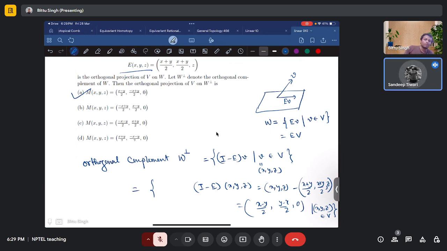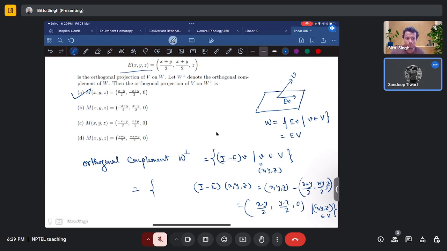We can also find this: we will have the basis of W, and here the dimension of the basis of W is 2. So we need one vector in W perp.